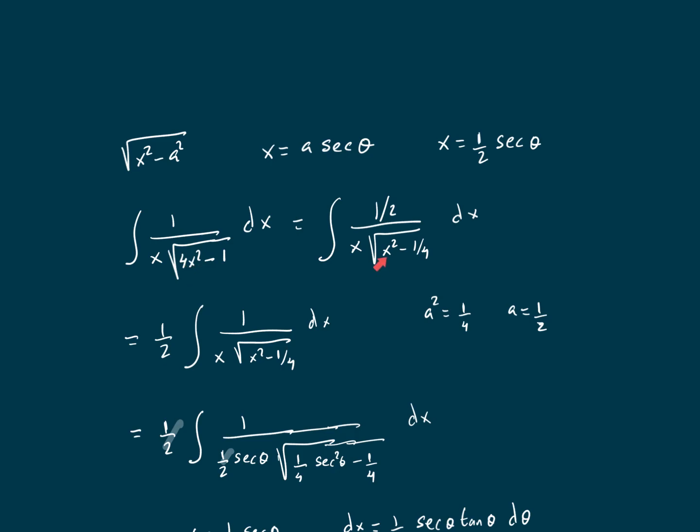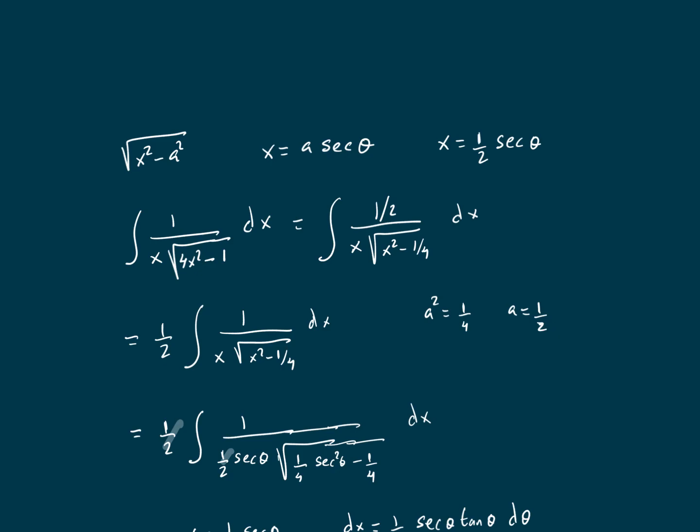So if we divide by 4 inside the square root, 4 divided by 4 will be 1, and 1 divided by 4 will be 1/4. So it will appear this integral. Now I can recognize x squared minus a squared. Being a squared 1/4 means that a is 1/2. Could be plus or minus, it is true, but we take it positive, 1/2.